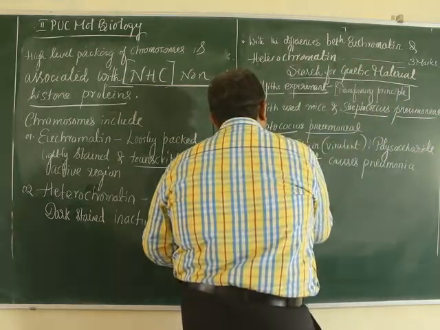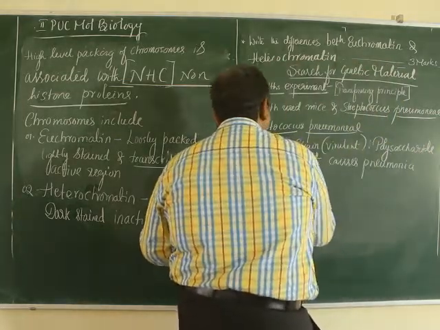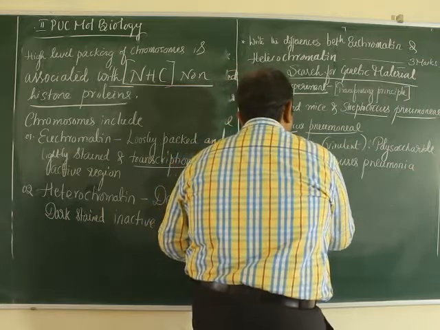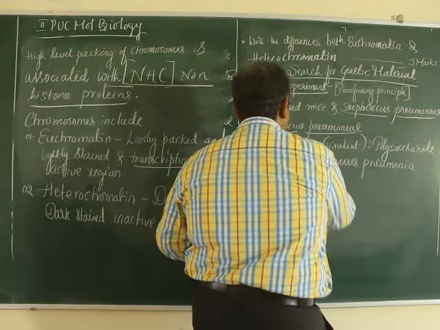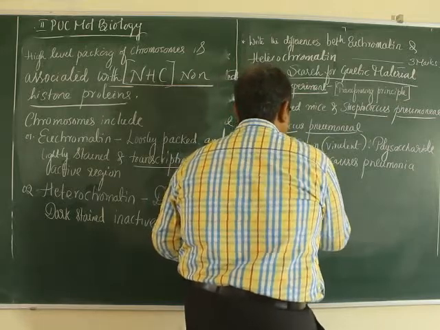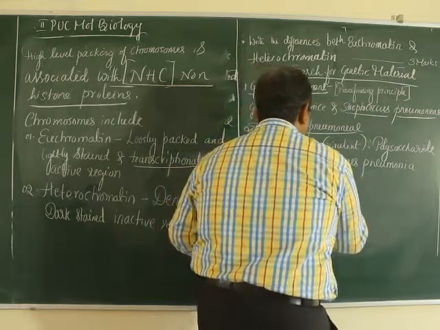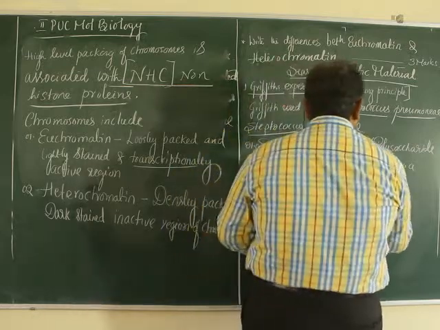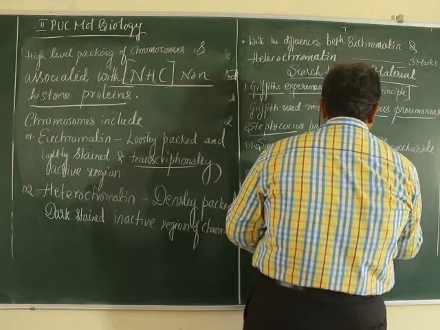Second variety was the rough or R strain. Here it is S, here it is R strain. Rough or R strain is non-virulent, not harmful.